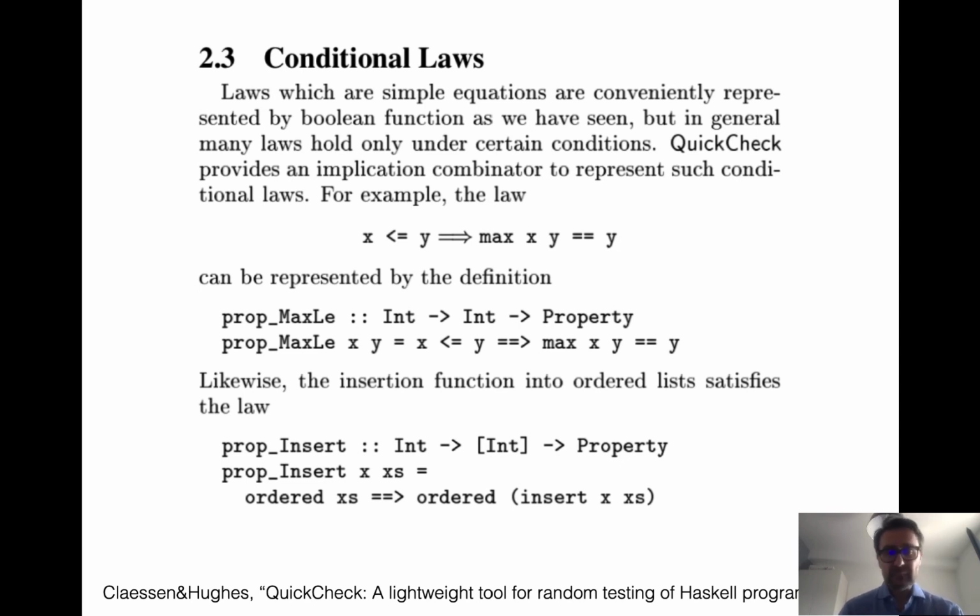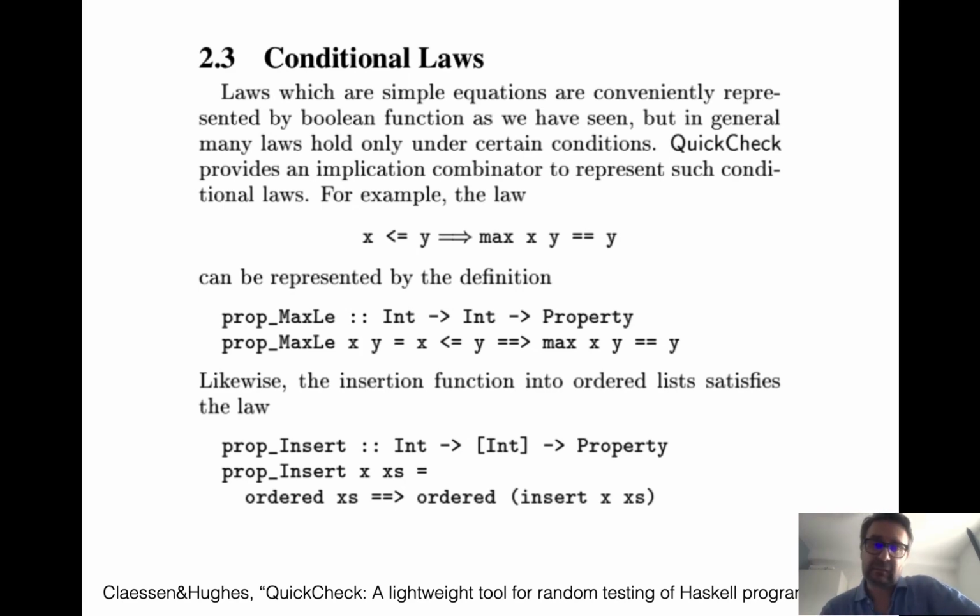And of course, in code this can be easily written, and you can even safeguard your properties by sorting values. The property you write takes in any two integers or floats, and then you can sort them, and then you can apply the property so that you know that you have an order, right? But there are different ways of expressing this in different languages. Here in Haskell, we define the property max lower than or equal so that it takes an integer, and then it has a property.